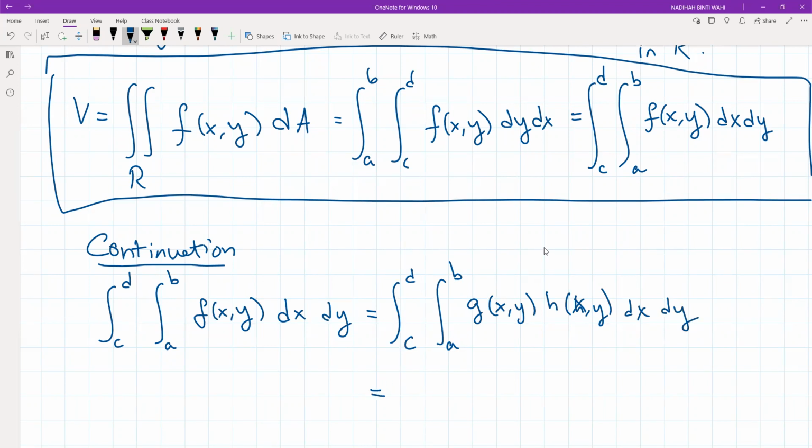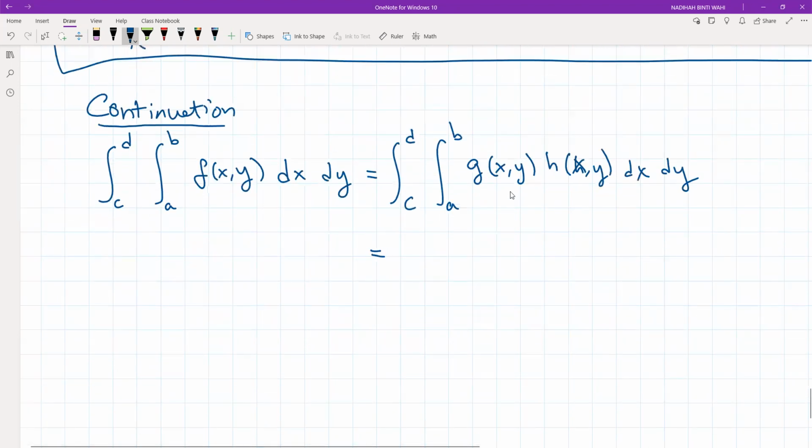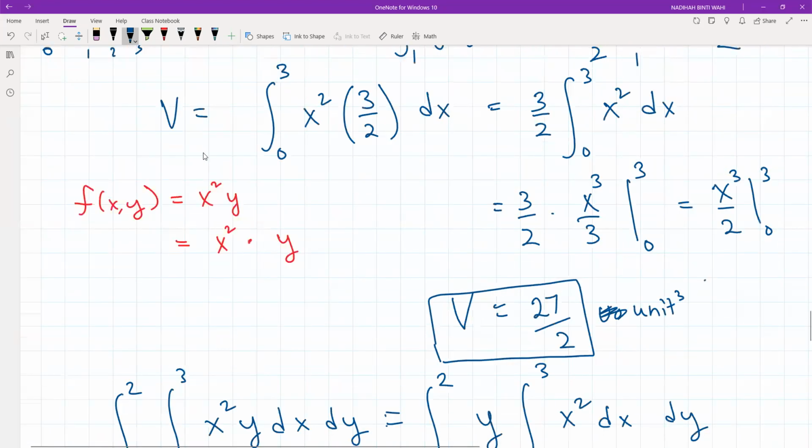And then it turns out that g is a function of x, and h is a function of y only. So for example, in this case, g is a function of x only, and in this case, h is a function of y only.